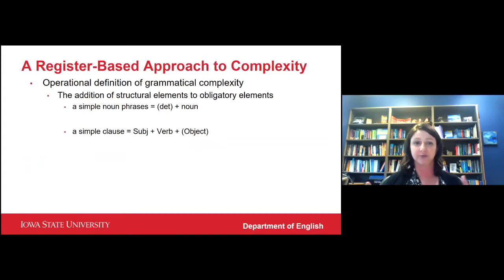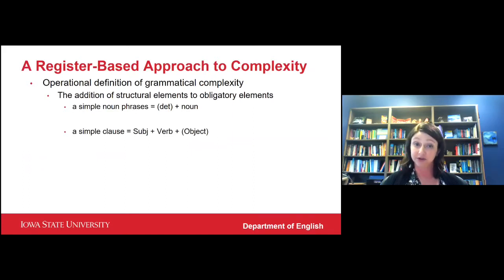So the original basis for the research is grounded in this idea of register variation. The operational definition of grammatical complexity that we use is that we have the addition of structural elements to obligatory elements.